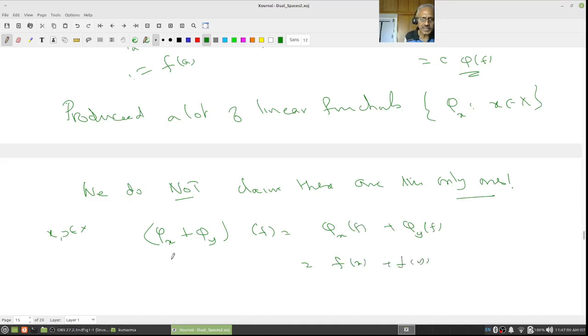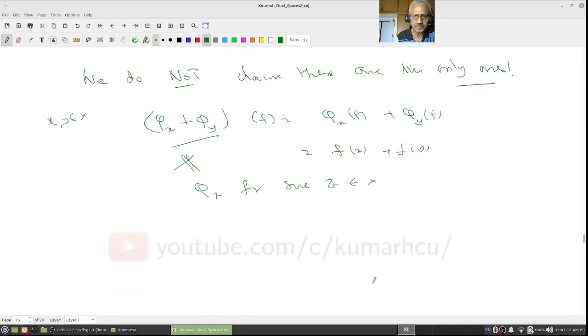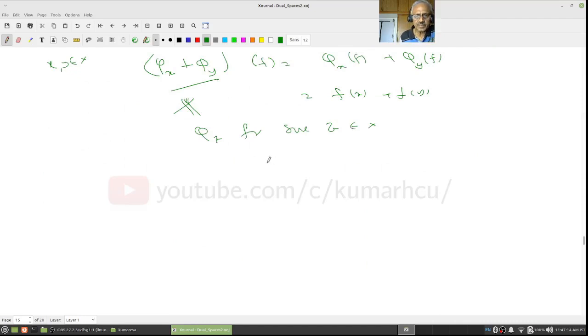That will also be a linear functional. It may not be of the form phi_z for some z. It need not be equal to phi_z for some z. You understand? Keep this in mind.